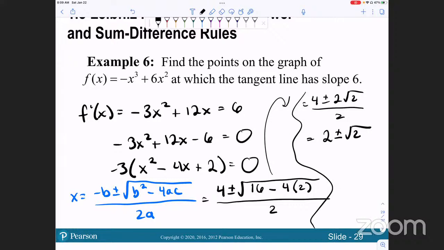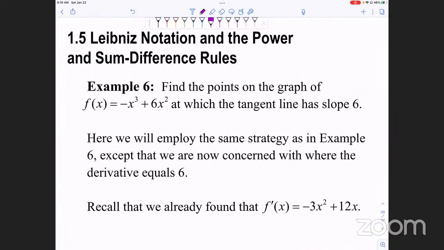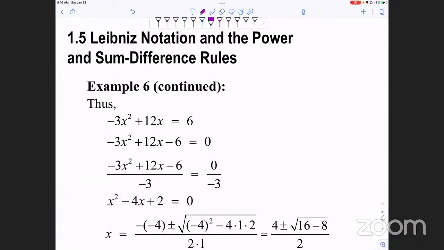These are the x's. We would have to go and find the corresponding y's. I'm going to stop here. I just don't feel like using the calculator. But if these are the x's, we just plug them into the original to find the corresponding y. So we already found f prime of x.